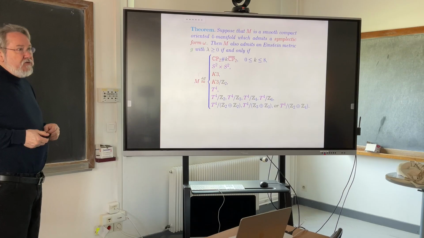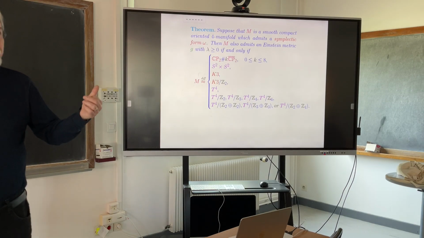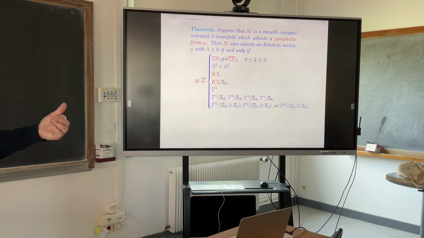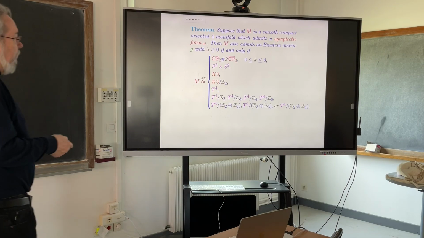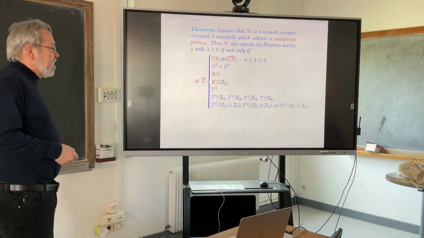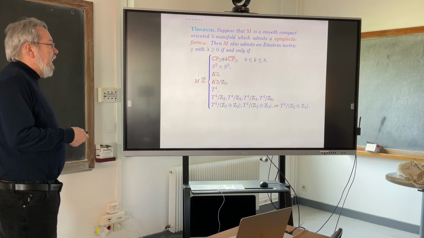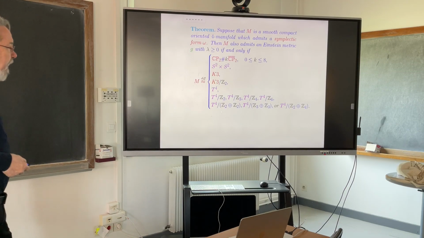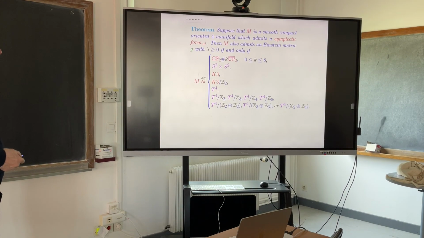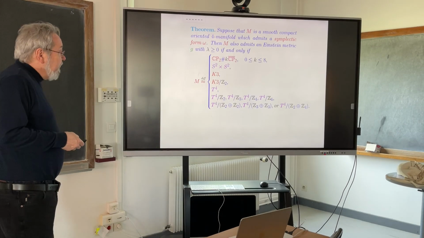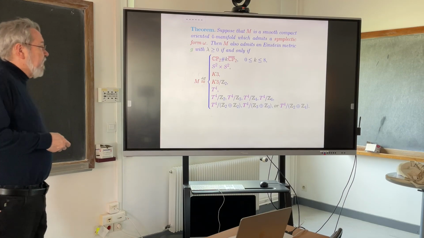But here are two interesting extra hypotheses you could put in. One, suppose that it has a complex structure, or suppose it has a symplectic structure. In those cases, in one direction, you can eliminate everything that's not on this list, and in the other direction, you can show that everything on this list admits an Einstein metric, and in fact, in most cases, they're Kähler-Einstein metrics, but in two cases here, to fill in the missing gap, we have to step outside of just looking at Kähler-Einstein metrics and look at conformally Kähler-Einstein metrics.